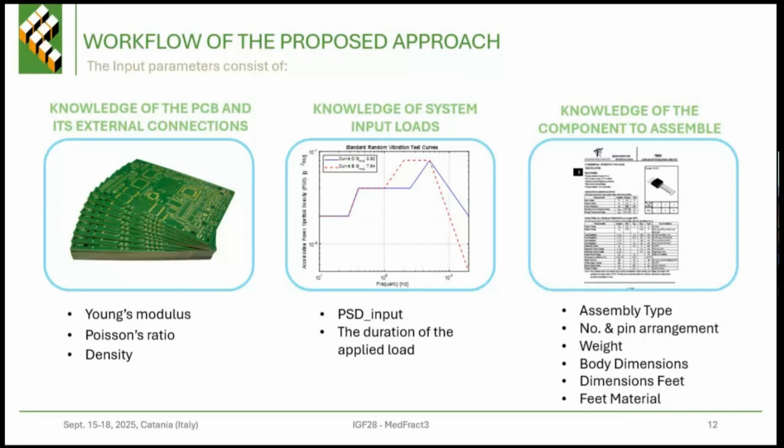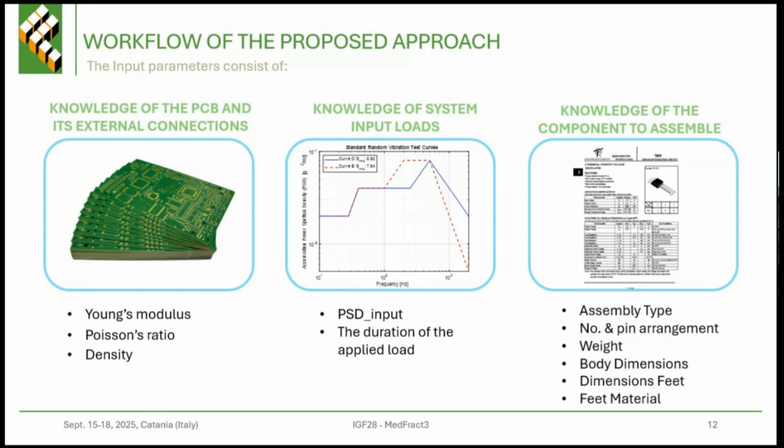So we now want to illustrate the workflow of our proposed approach. The input parameters consist of the knowledge of the PCB: we have to know the Young's modulus, the Poisson ratio, and the density of the PCB, but not only that, also the external connections. These are all parameters that the designers know at the beginning.